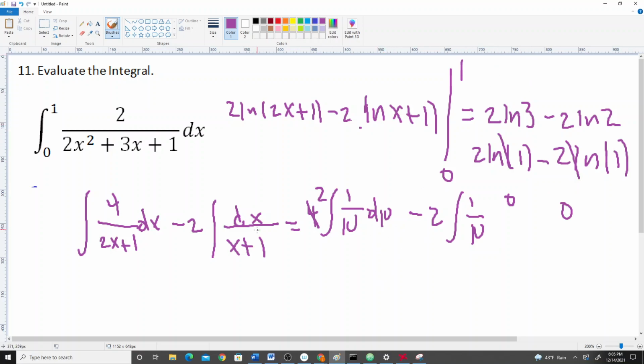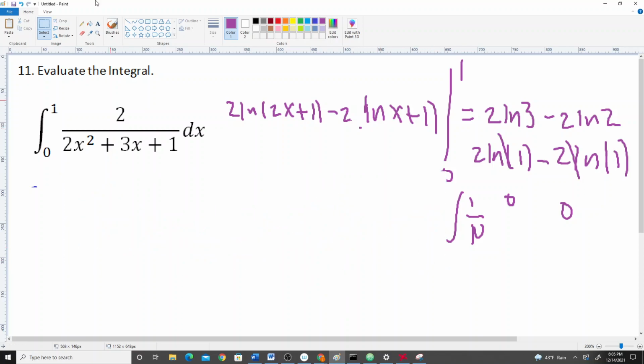So that means for our answer so far, this is what we have: 2 ln 3 minus 2 ln 2.